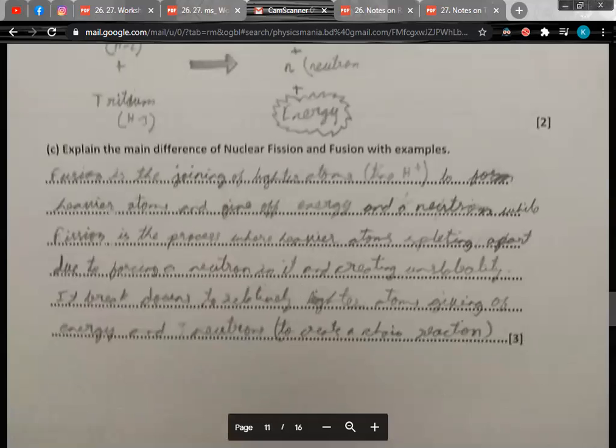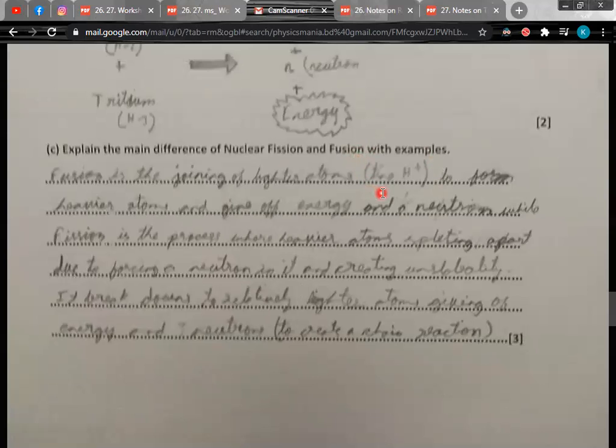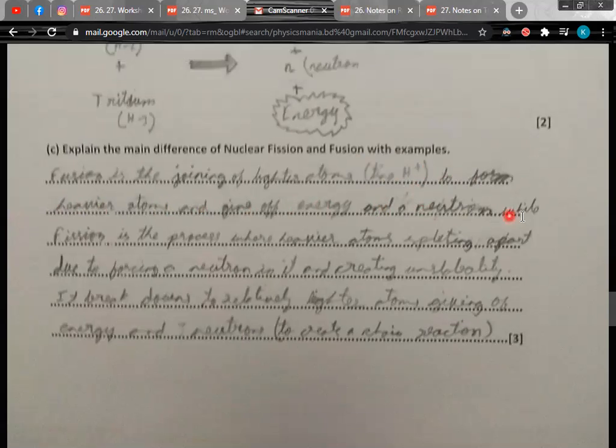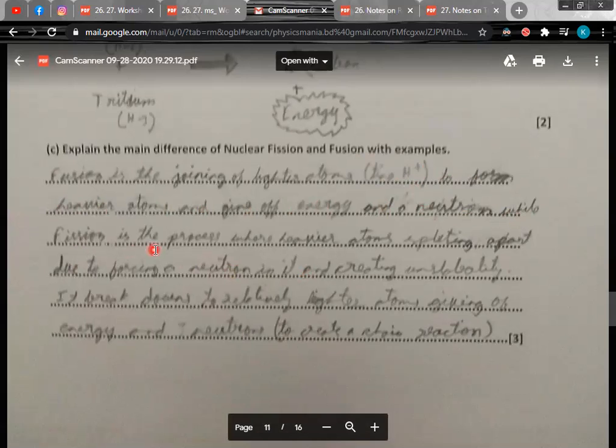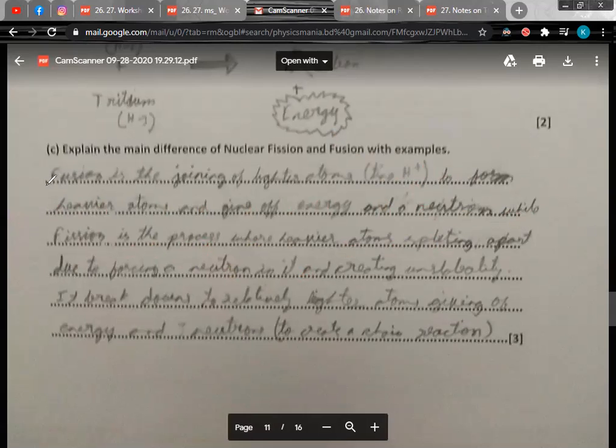In bracket, I wrote, like hydrogen atom to form heavier atom and give off energy and the neutron, while fission is the process where heavier atom... fission, yes sir, fission. Okay.